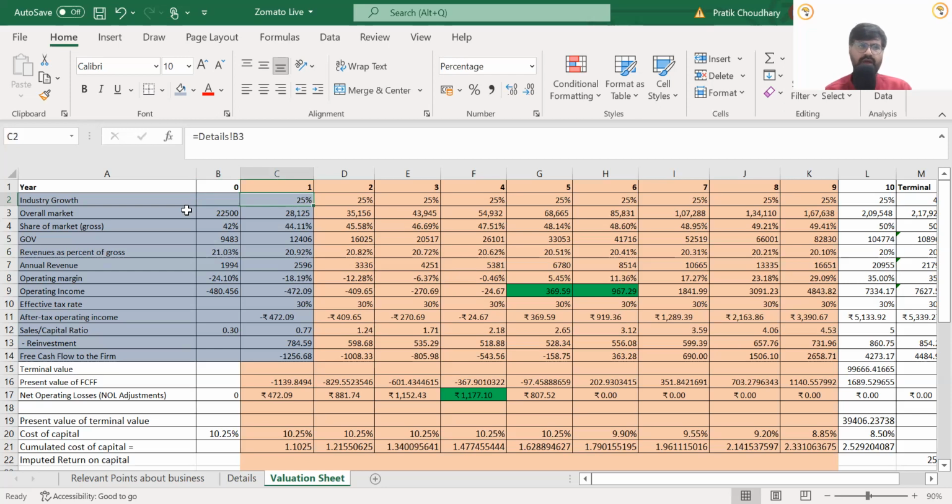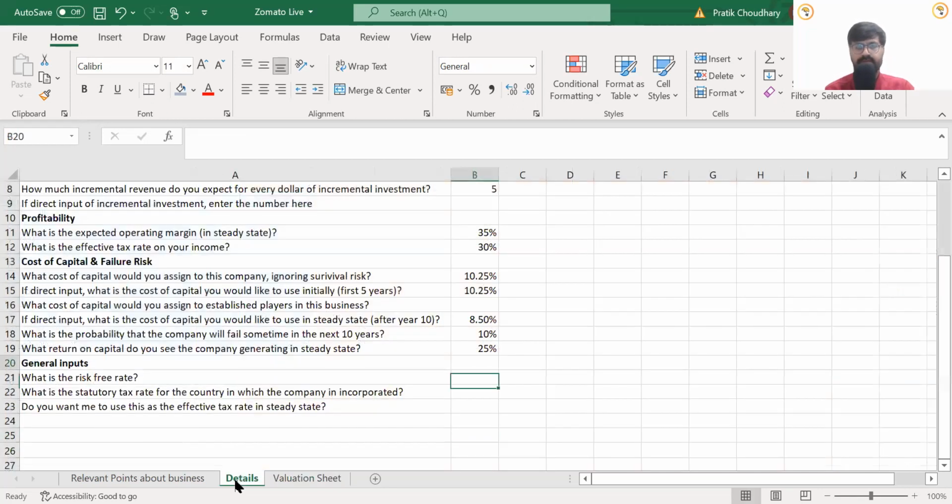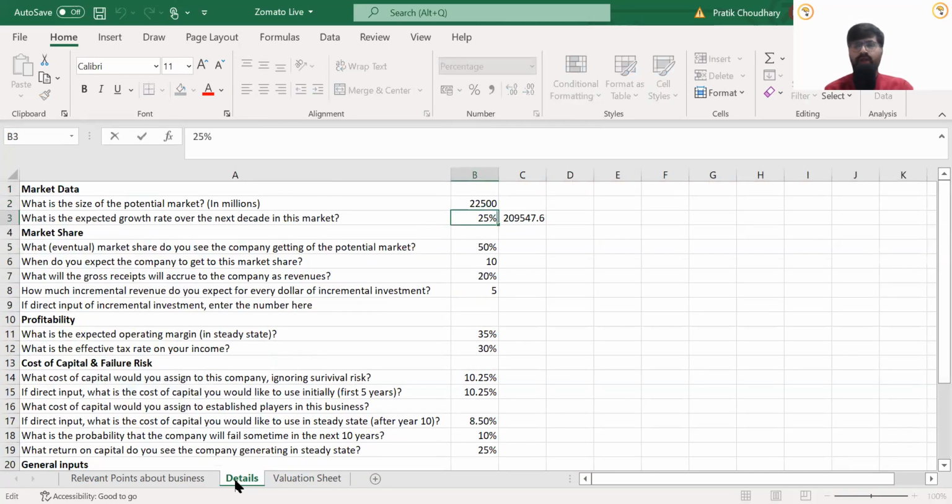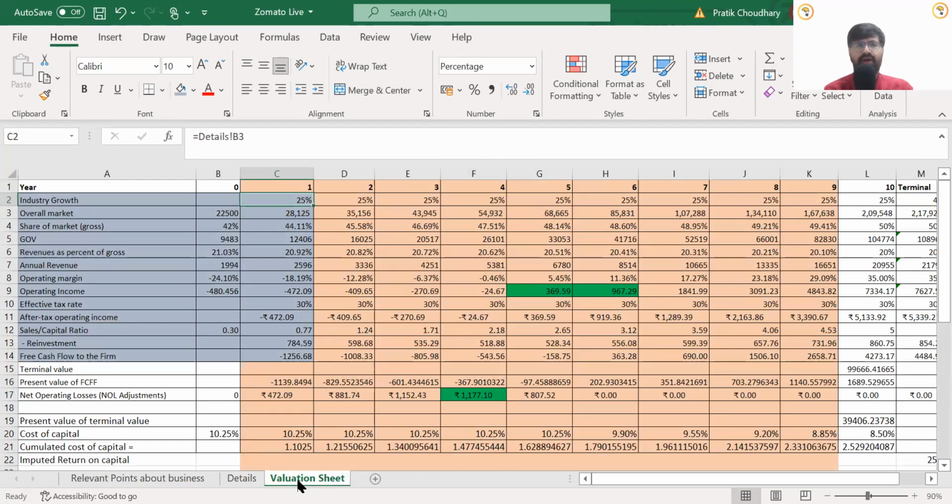So first thing first, you need a detailed understanding of at what rate your industry can grow. If you go here in the details tab, this is broadly derived by a lot of calculations. This is what I meant: I will teach you a lot of things about the penetration levels, the per capita income, the demographics of the country. That is called using primary data to forecast the industry size.